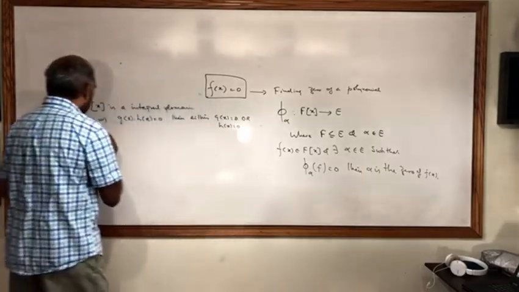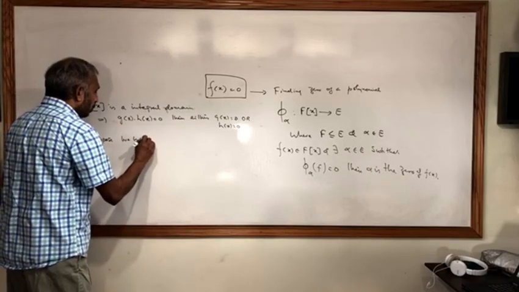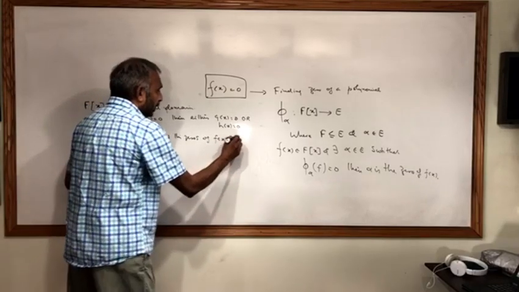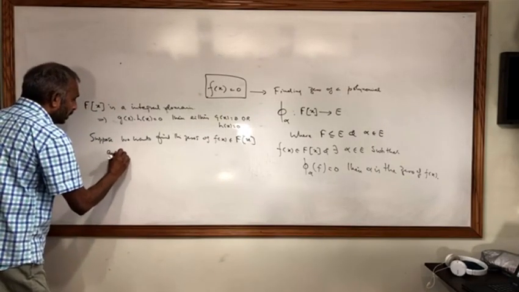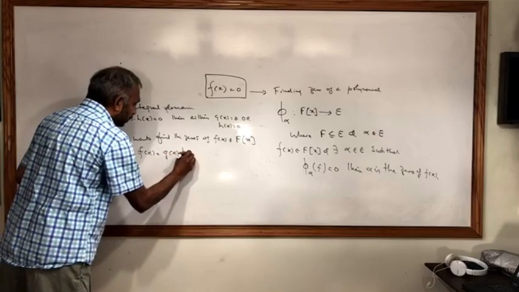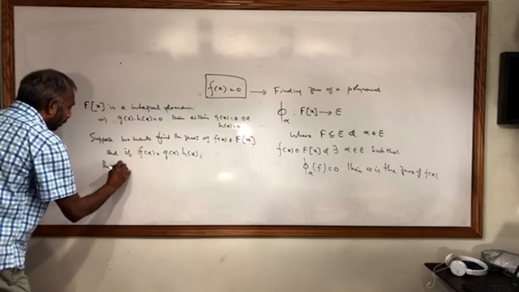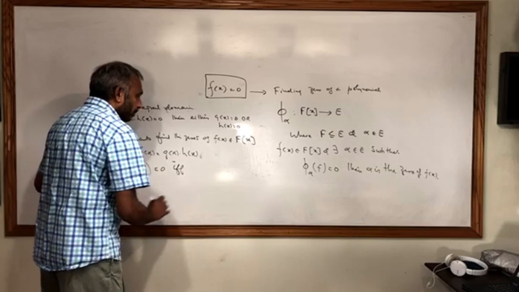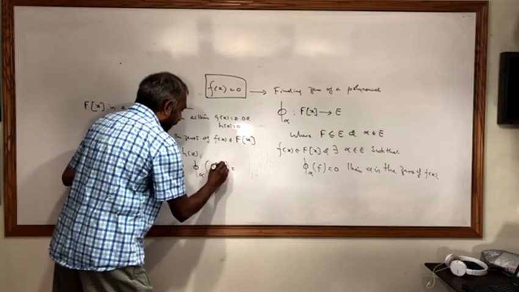Well, suppose we want to find the zeros of f of x in F of x, and if f of x can be written as g of x times h of x, then phi alpha of f is equal to 0 if and only if phi alpha of g times h is equal to 0.